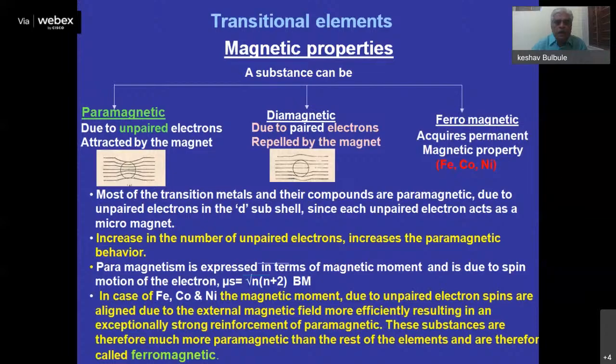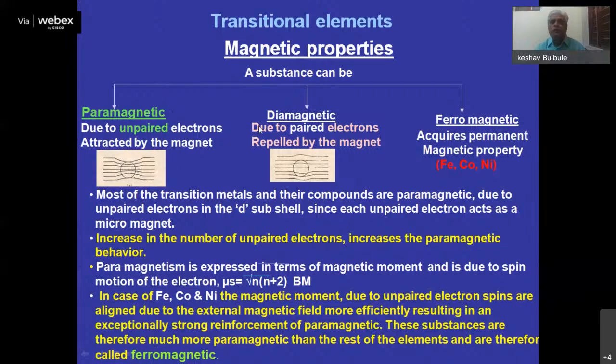Then another very important property of the D block elements or transition elements is that they are paramagnetic in nature. What is meant by paramagnetism, diamagnetism, and ferromagnetism? In simple terms, the magnetic property of a substance due to the presence of unpaired electrons is called paramagnetism, and such substances, when kept under the influence of an external magnetic field, get attracted.